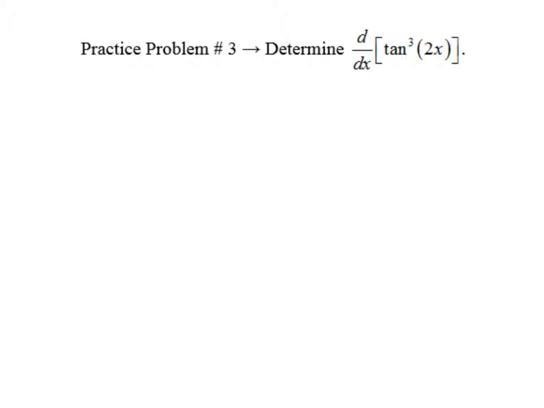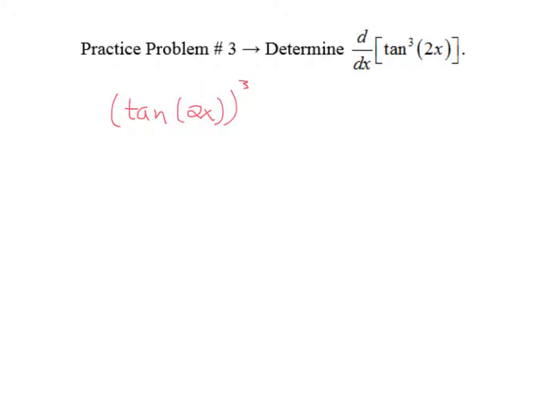Okay, so in taking this derivative, we can definitely see a composite function. Let's rewrite it so that it's tangent of 2x, and then all of that to the 3rd power, right? So certainly the cube is our outside function, tangent 2x is our inside function, okay? So let's just go ahead and deal with it that way.